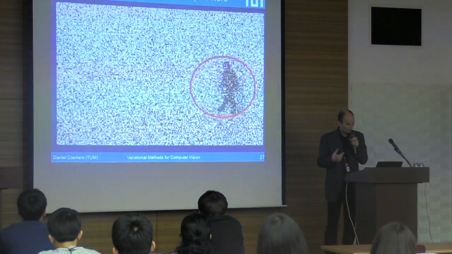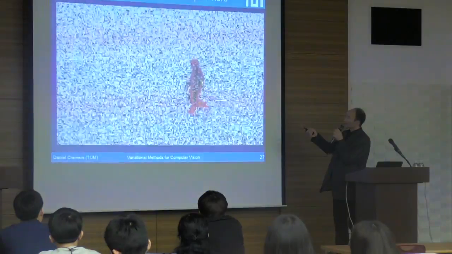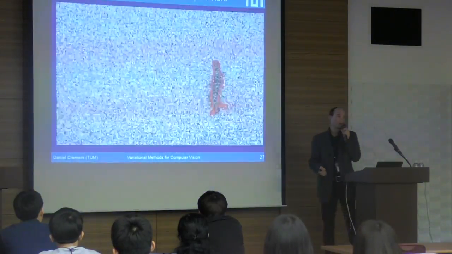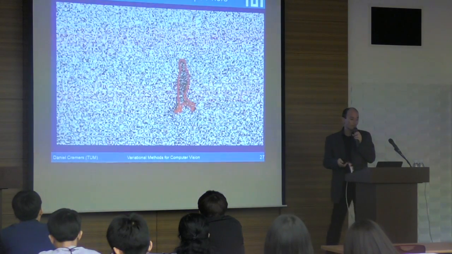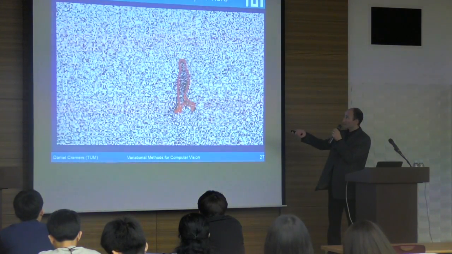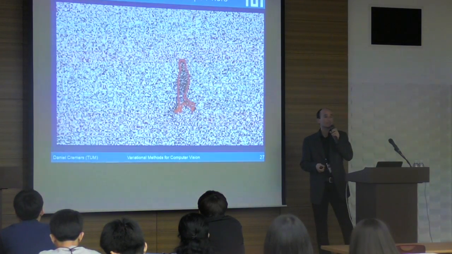But if we make things a little bit more nasty, add a little bit of noise, we see that for the first 2 or 3 frames of the sequence it works, but then the algorithm gets stuck in a local minimum. This is typical for gradient descent optimization. These are all gradient descent minimizations, and you see this is a local minimum. So somehow there's something missing here.